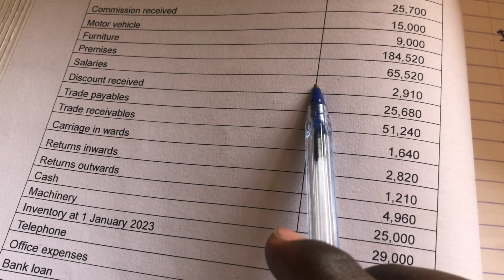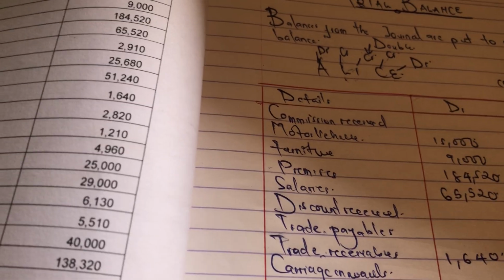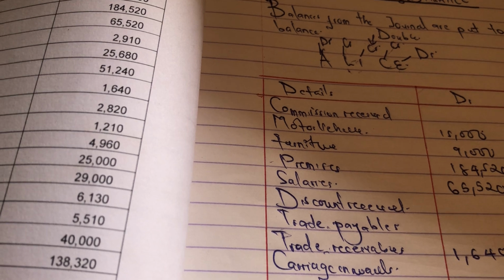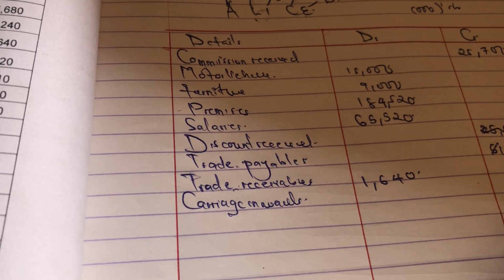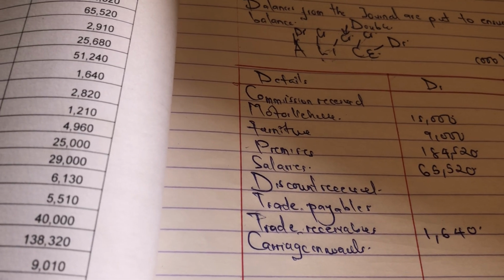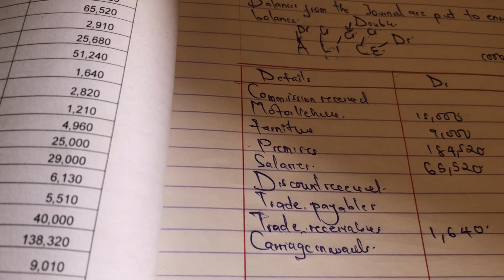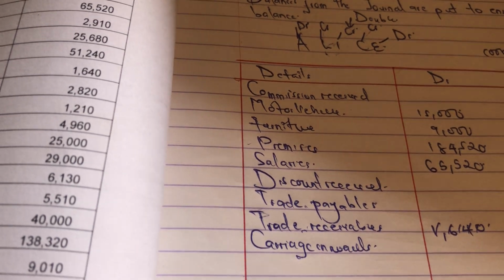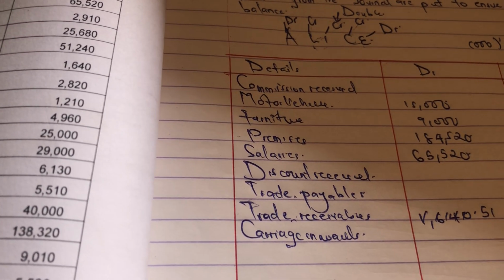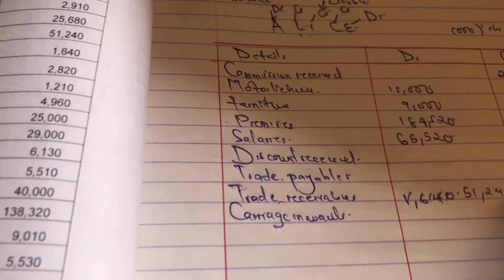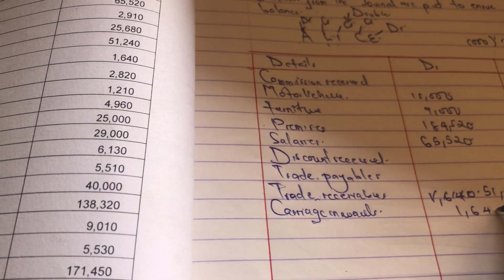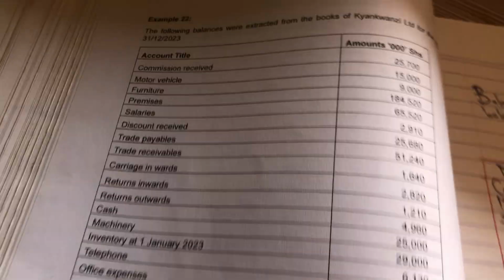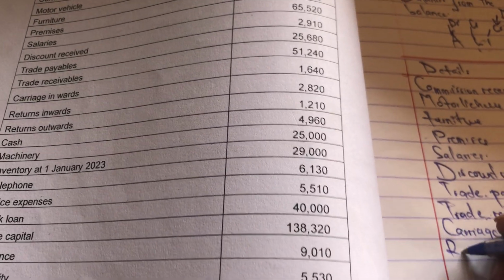Discount received was supposed to be 51,240. This carriage was supposed to be 1,640. Sorry about that.